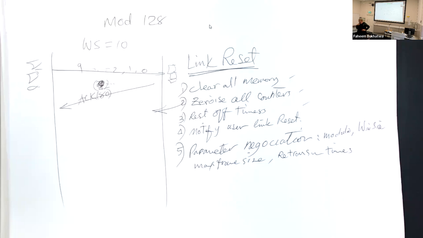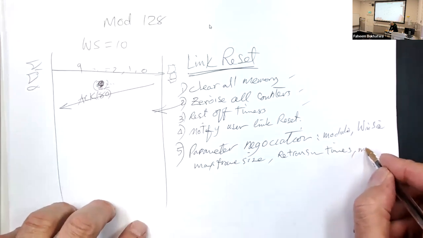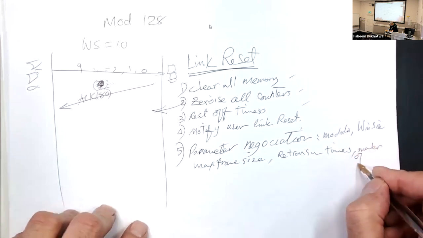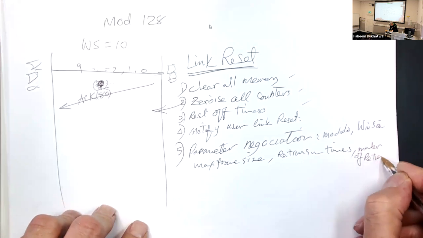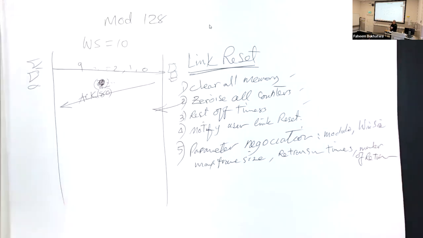There is actually a variable for how many retransmissions we will do, and after that we call it a day. We say, hey, there's a problem with the link. So that's another variable. There's a long list of variables that are agreed. It's called the number of retransmissions.